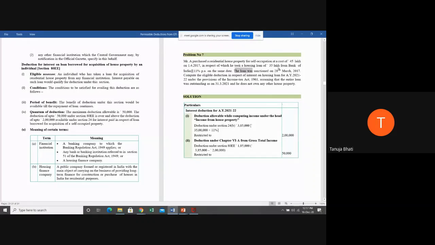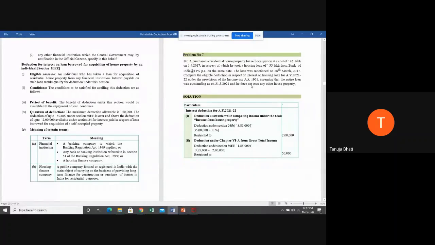The loan was sanctioned on 28th March 2017. Compute the eligible deduction in respect of interest on housing loan for the assessment year 21-22, assuming the entire loan was outstanding on 31/3/21 and he does not own any other house property.